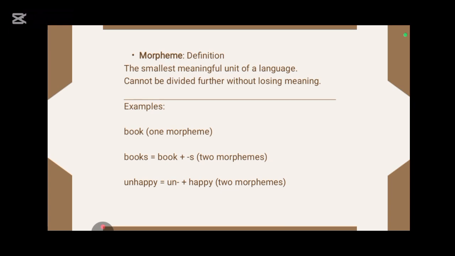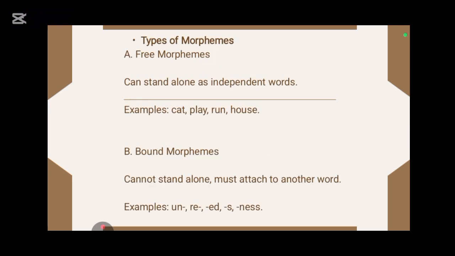Now, in the English language, morphemes are of two types: free morphemes and bound morphemes. Free morphemes are those which can stand alone as independent words. Words like cat, play, run, house, chair, table, pen, teacher can stand alone as independent words and do not need another word to attach to them.